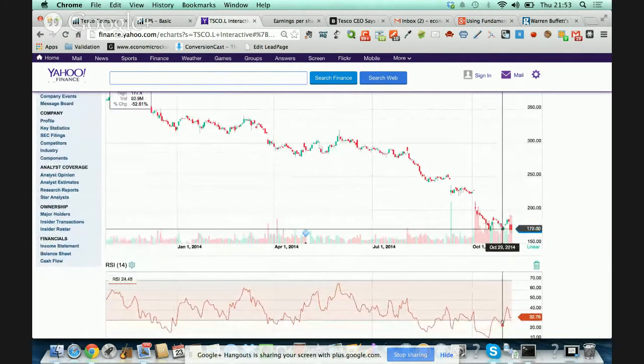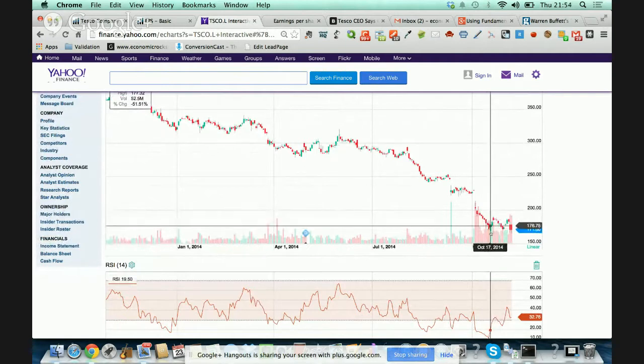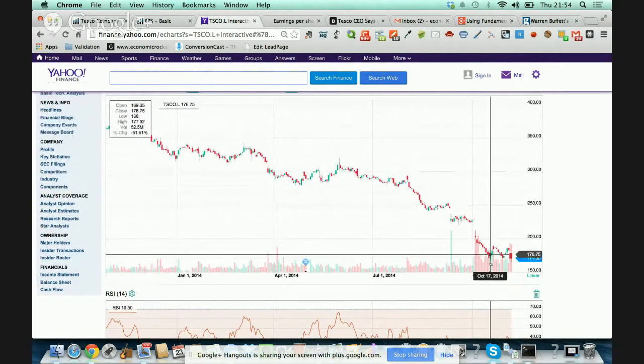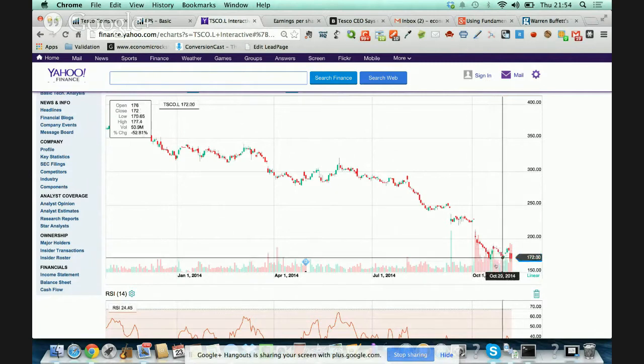But if that was the case, identifying the bottom of these levels here, if you look at the square that we have on the top left of the screen, the low on that is 168. So if you were to buy Tesco, I would be putting in a stop just below that low level of 168. So approximately maybe 160, 162, maybe even 158. I'd be putting the stop loss in here.